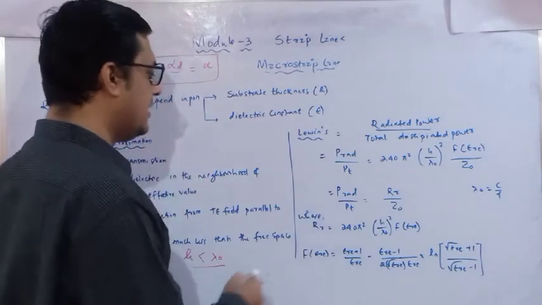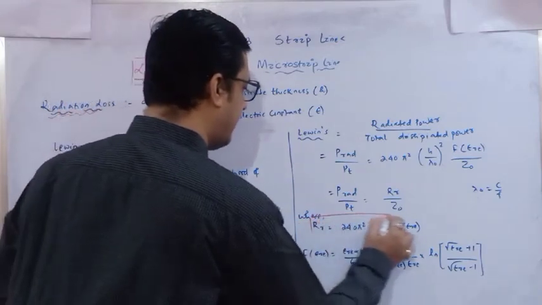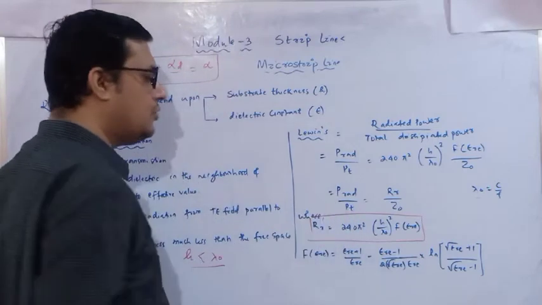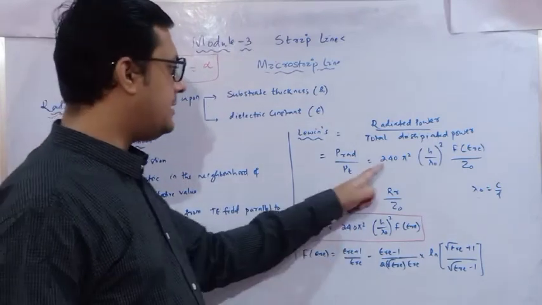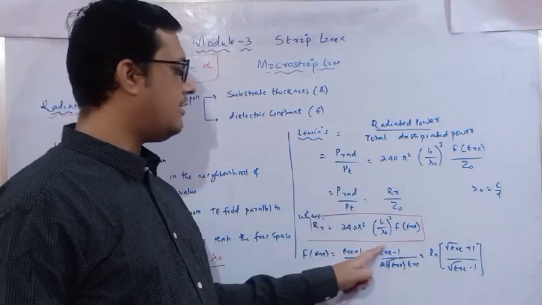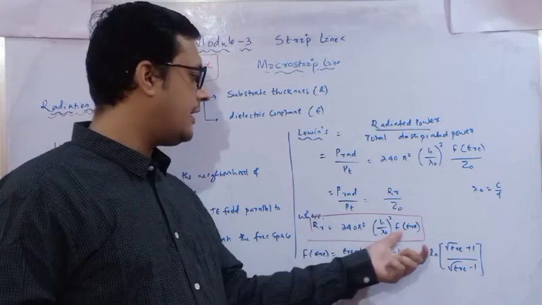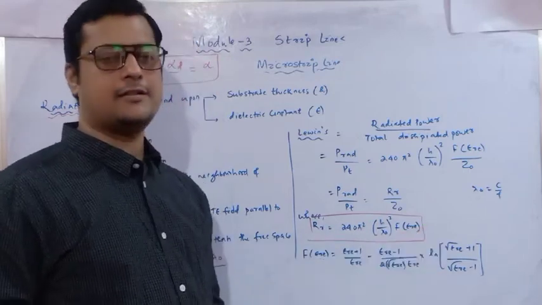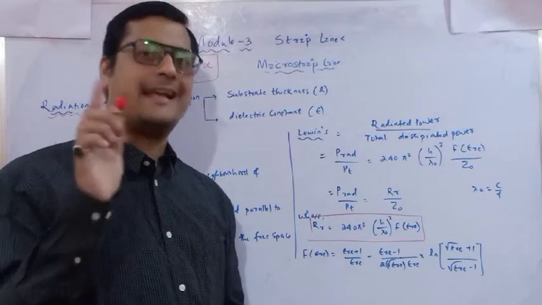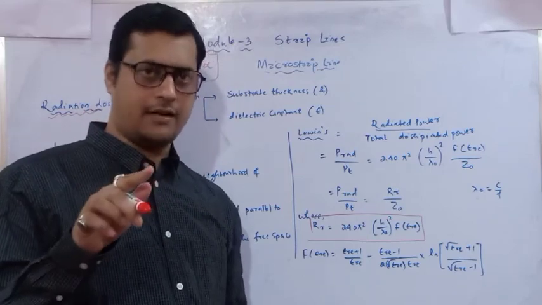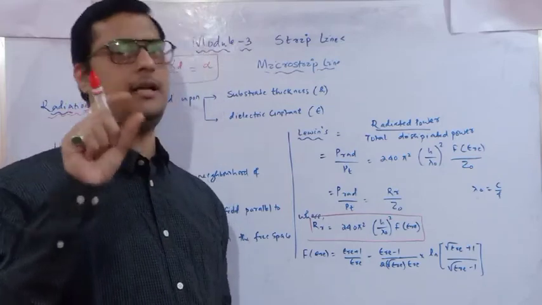As you can see, R suffix R is written as 240 pi square, times H by lambda naught whole square, into F of epsilon Re. That means it depends upon the relative dielectric value and the thickness of the substrate.